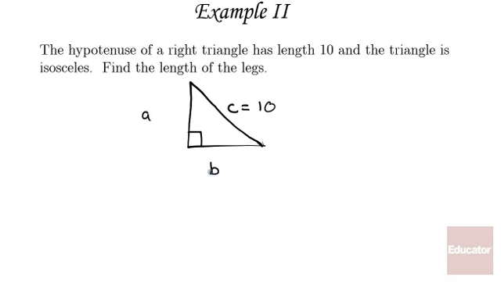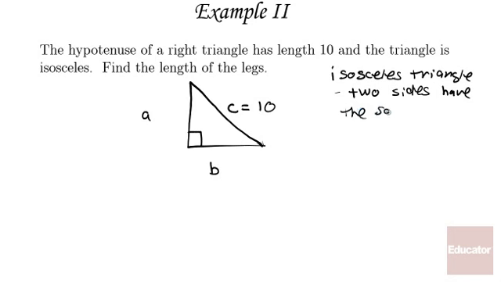Then I have two other sides, A and B. The other piece of information is that I have an isosceles triangle. And in an isosceles triangle, two sides have the same length. So what I'm given is the length of the hypotenuse and the fact that side A and side B are the same length.